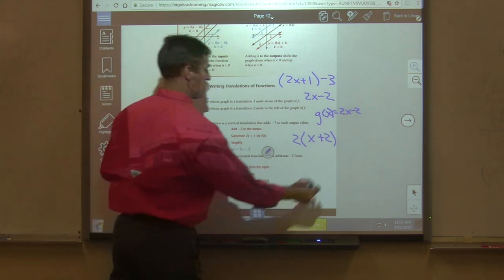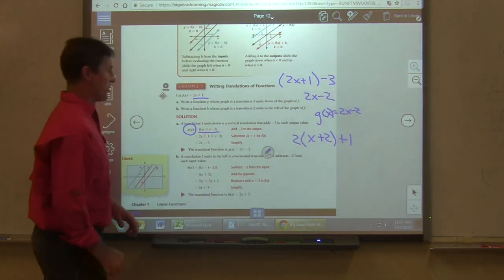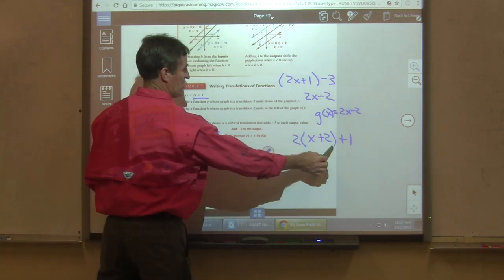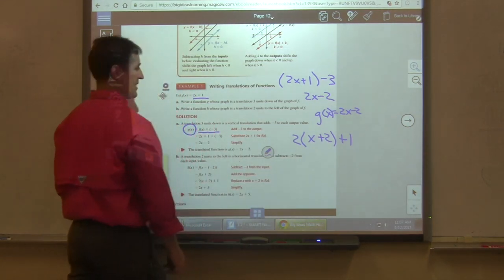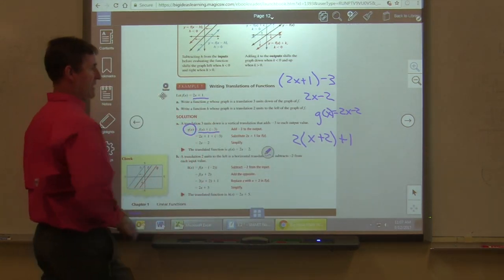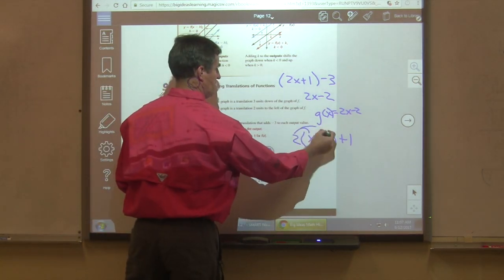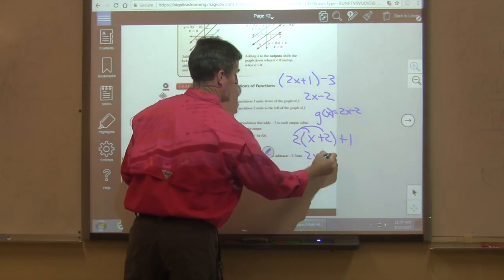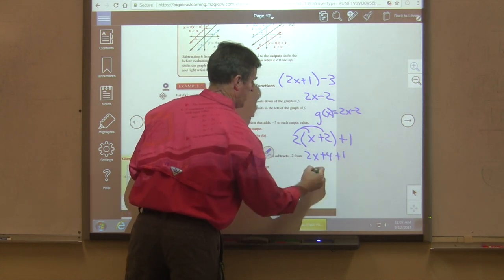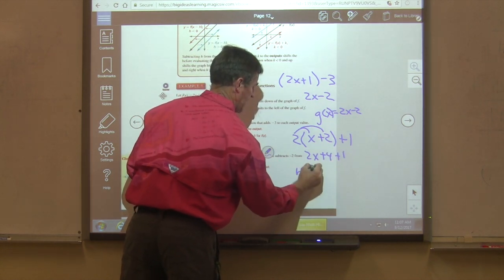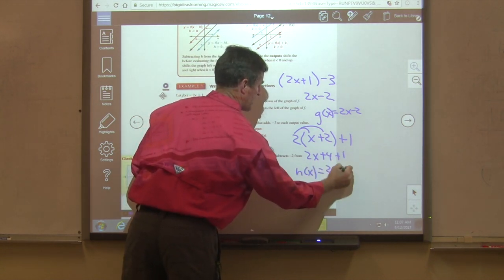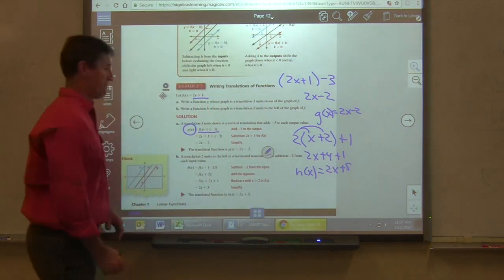And then we have the plus 1. So again, because it's horizontal, it affects just the x. So we put it in parentheses. And then we simplify that. So we would distribute the 2. 2x plus 4 plus 1. And so our h of x would become 2x plus 5.